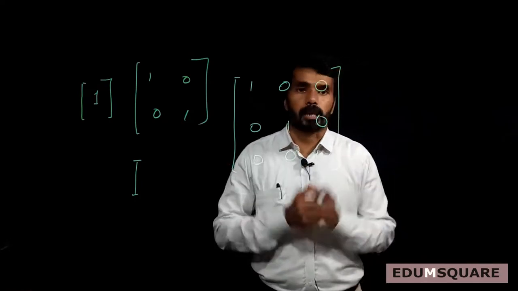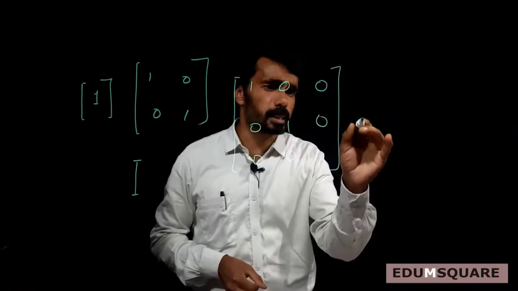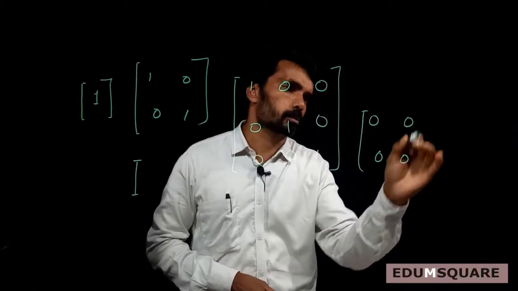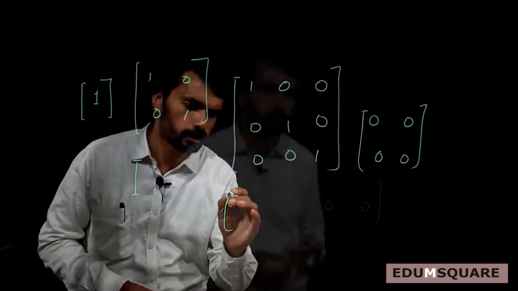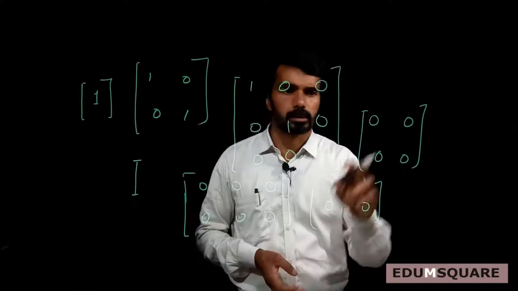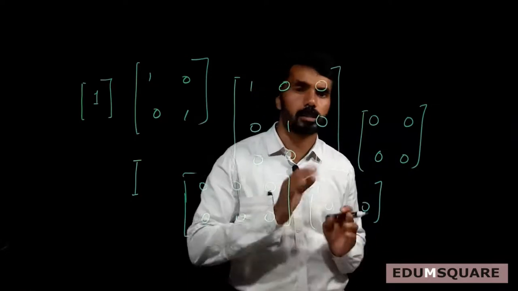Now let us see another type of matrix. Consider this example, the matrix 0, 0, 0, 0, or this matrix or this matrix.